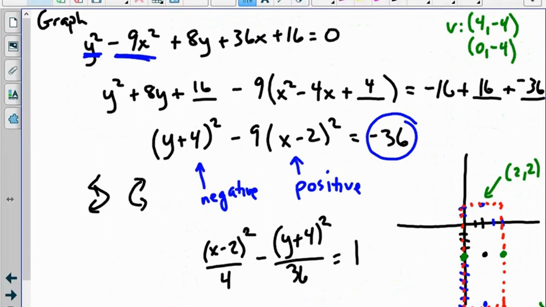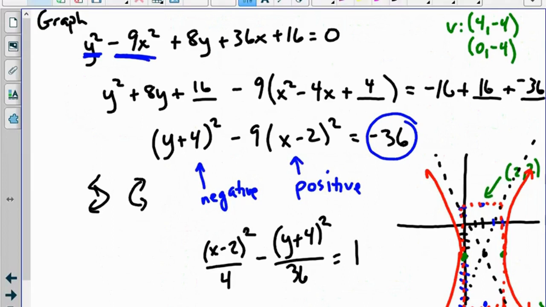So that's kind of important to understand: our vertices are actually the shorter distance in this problem. So let's make our asymptotes. This opens in the x direction.